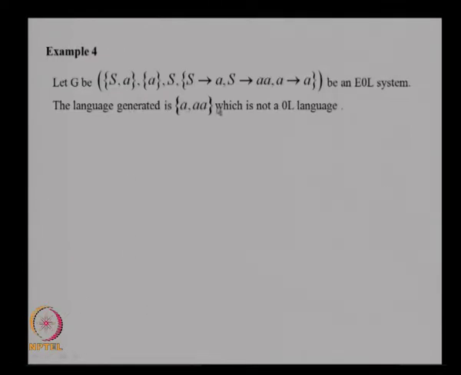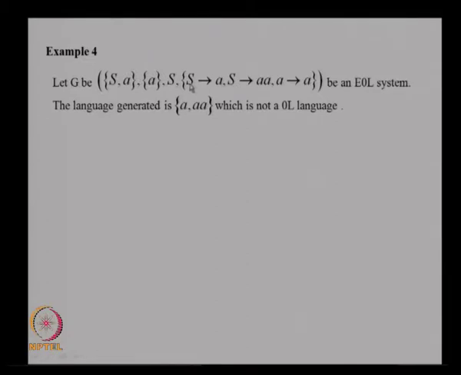For example, take this. Start from S, S is the axiom, and you have the rules S goes to A, S goes to A A. So, you start with this, you will get A; you start with this, you will get A A; then you can apply this rule and no more strings will be generated.